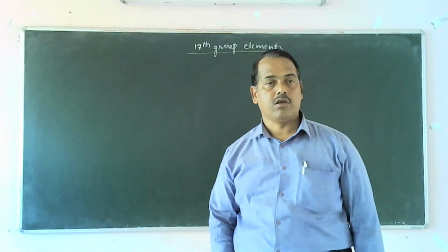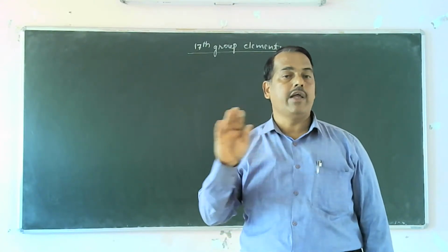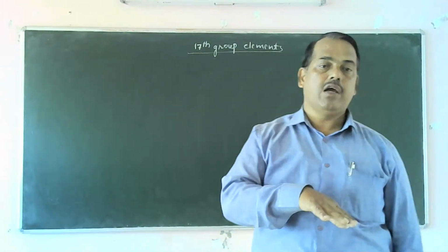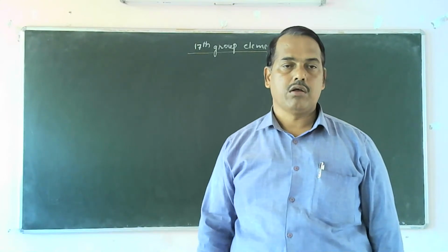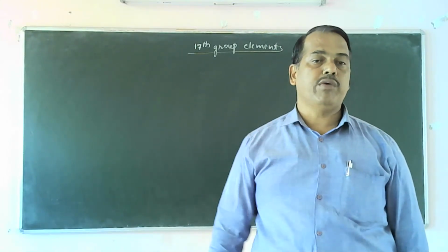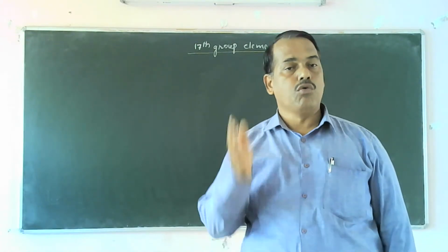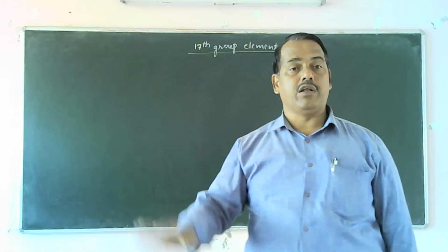So that is a very important reaction. Again, chlorine reacts with cold and dilute NaOH to form a metal chloride and hypochlorite. Are you clear? Then again it reacts with hot and concentrated NaOH to form a metal chloride and chlorate.